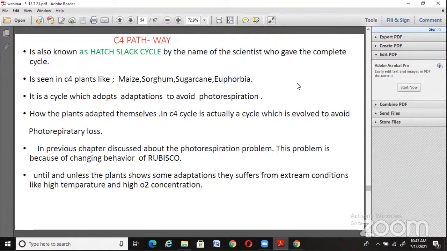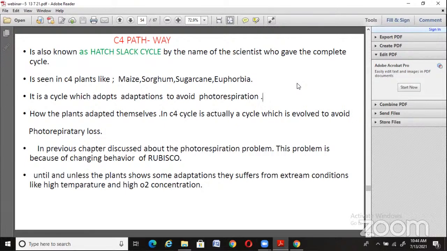And these C4 plants show adaptations to avoid photorespiration. What are those adaptations? How do the plants adapt themselves?